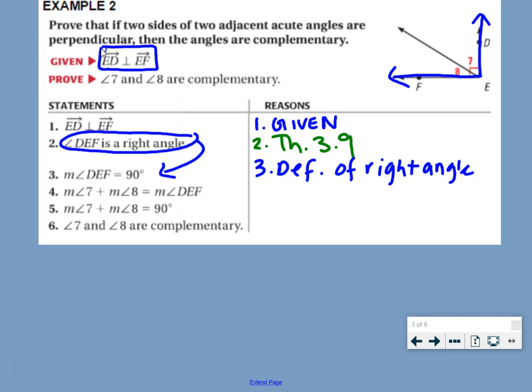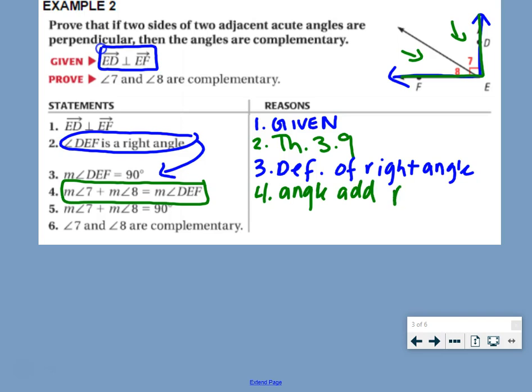Next piece, measure of angle 7 plus the measure of angle 8 equals the measure of angle DEF. So we're saying that the two pieces, 7 and 8, sum to form the whole. So that's our angle addition postulate, which is similar to your segment addition postulate, but it's for angles instead of segments. Measure of angle 7 plus the measure of angle 8 equals 90 degrees.